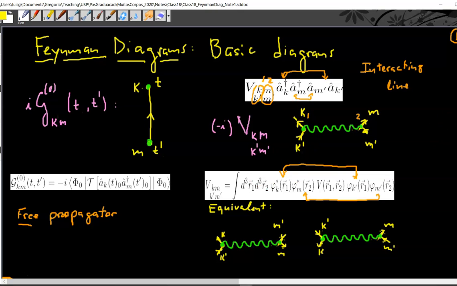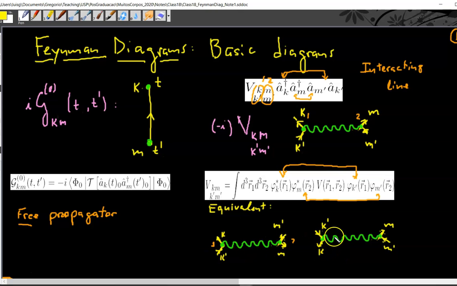Actually, I can have a situation like this, where in this vertex 1, I have k prime entering and k exiting, and at 2 I have m prime entering from above and m exiting from below. This is also equivalent to that. All that matters is with directions they're entering and exiting the vertices. Okay, same thing here.